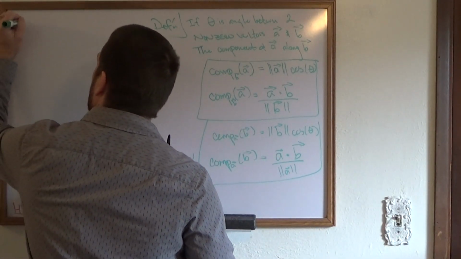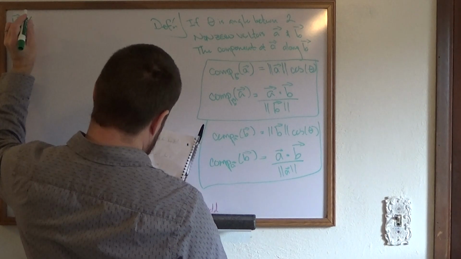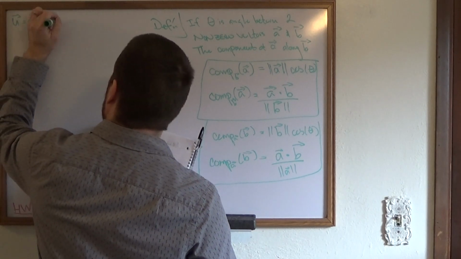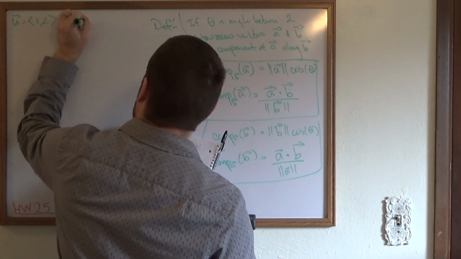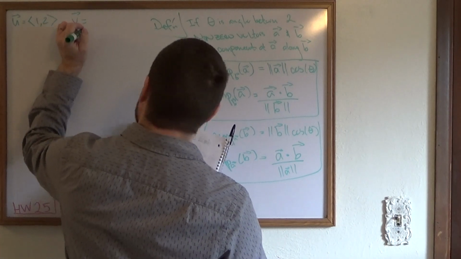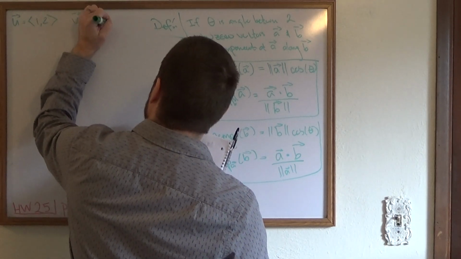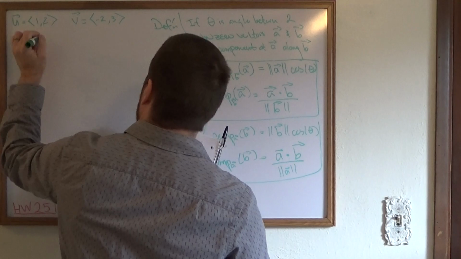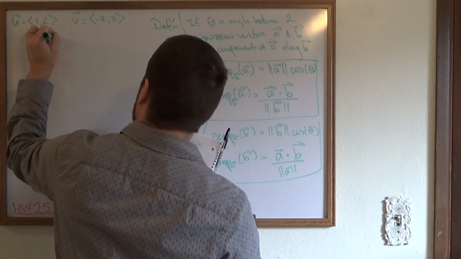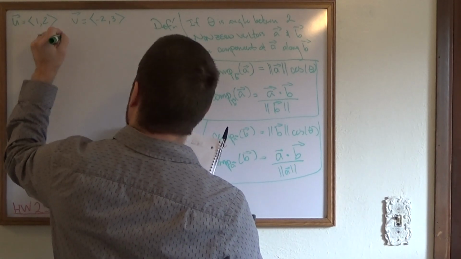Let u equal 1 comma 2, and let v equal -2, 3, and let w equal 1 comma 1.